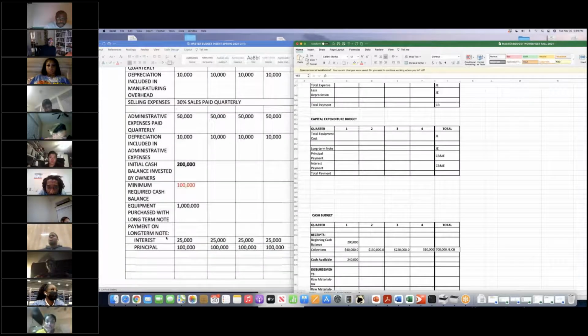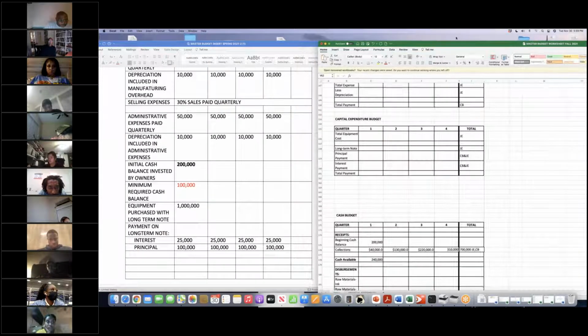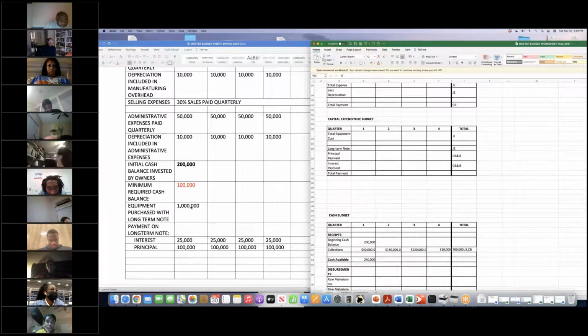So at the very bottom, we have this equipment we purchased for $1 million with a long-term note. So we're going to have $1 million here. And we're going to have a long-term note of $1 million.